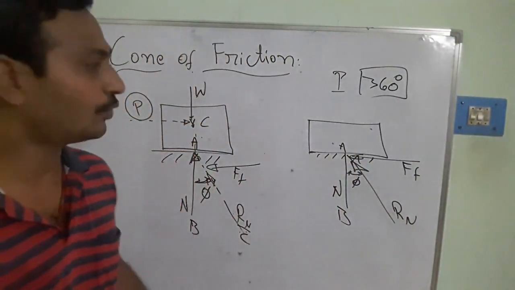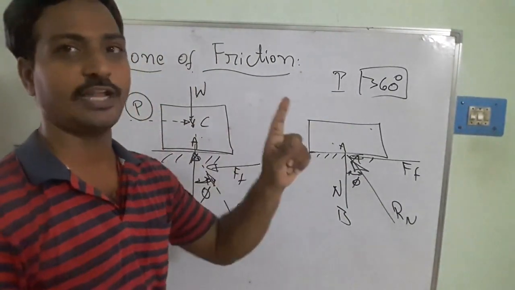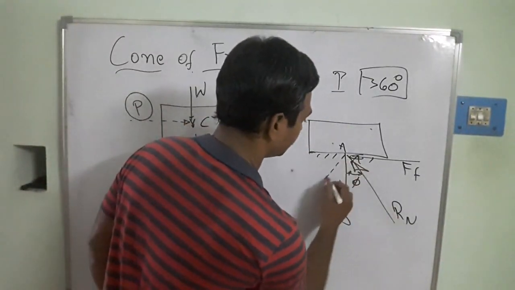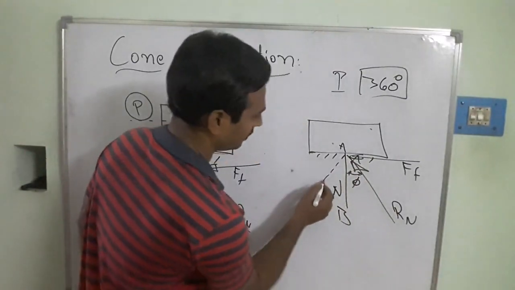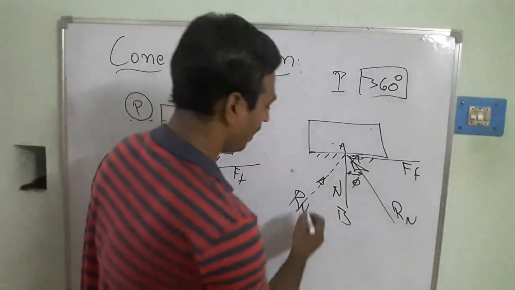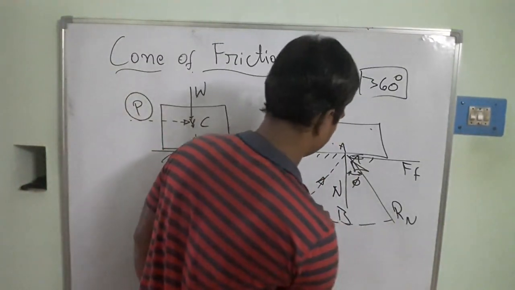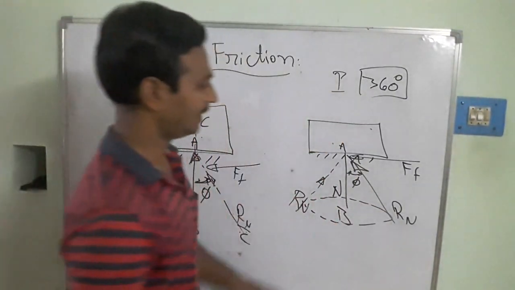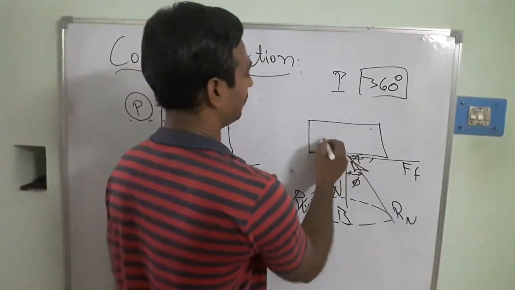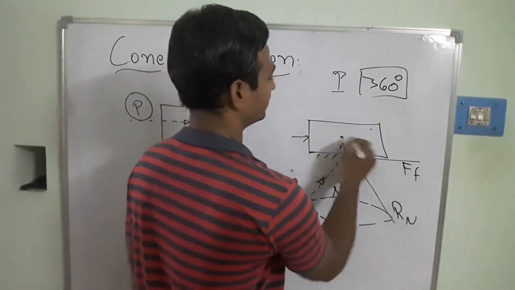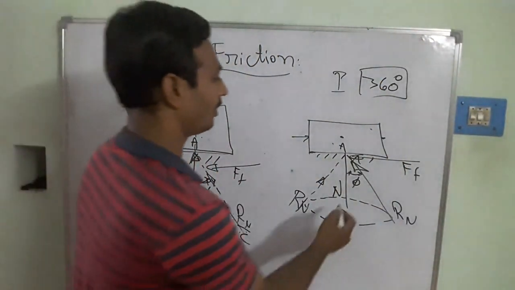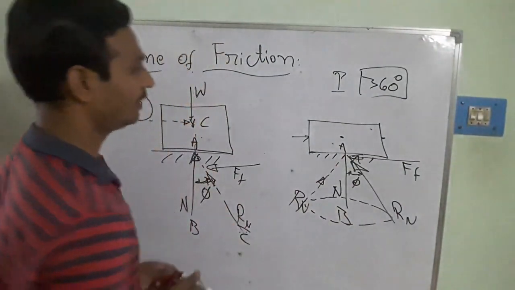As I already said, P is applied in the 360 degree directions, so this R is shifted to this position. This is your R. At the same time, I join these parts. There we can see the cone is formed. The applied force is on this side, another this side, another this side, and so on. This is called your cone of friction.